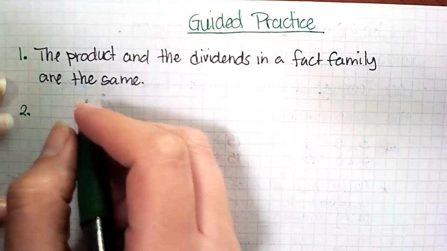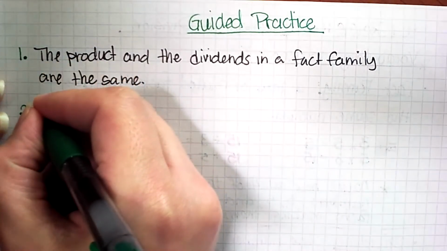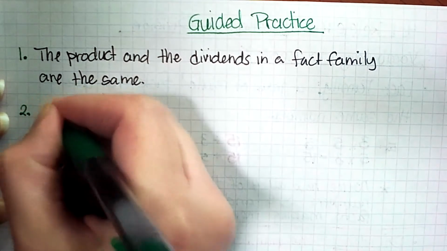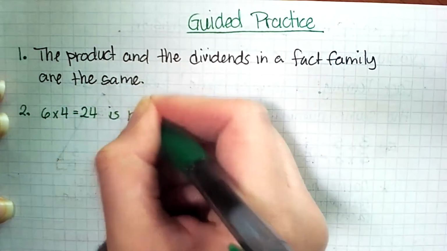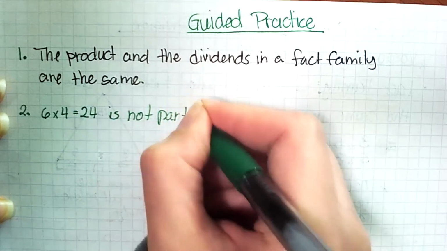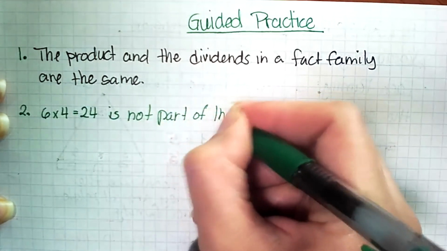So we also need to explain. So 6 times 4 equals 24 is not part of the same fact family.